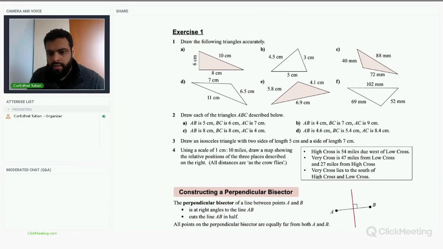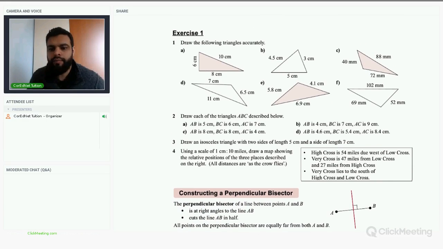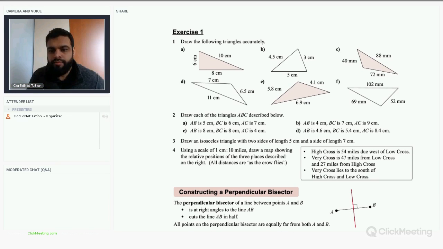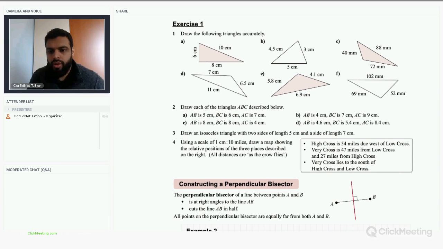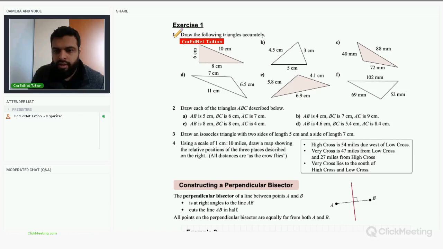Let's consider these triangles here. Let's take this one here in question exercise 1. Have a quick go at drawing that accurately in your books.